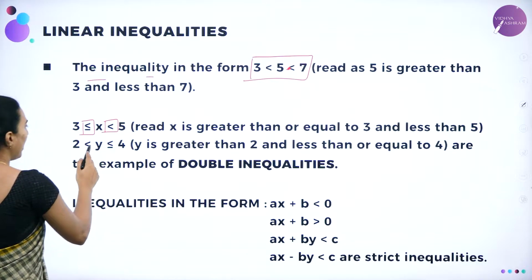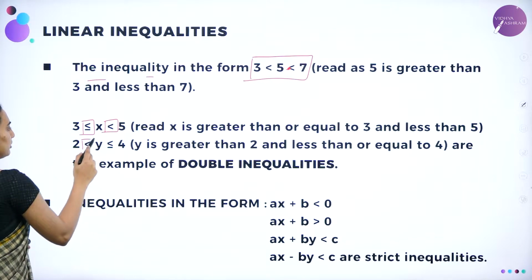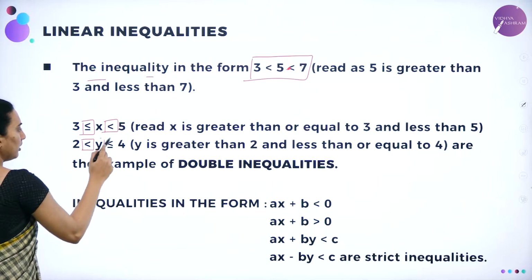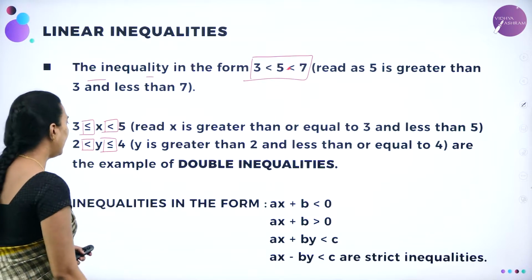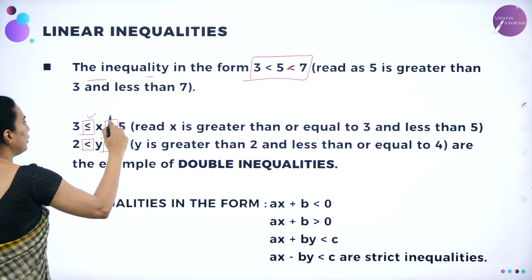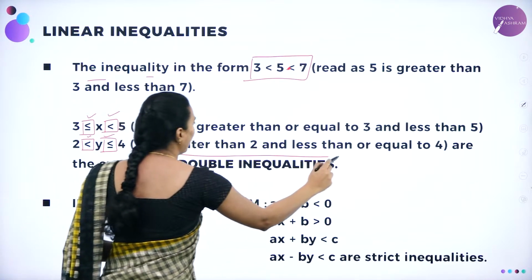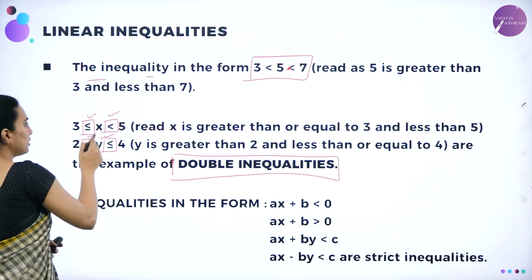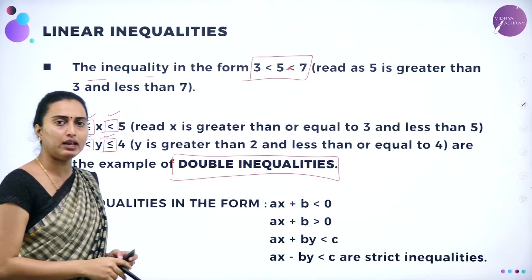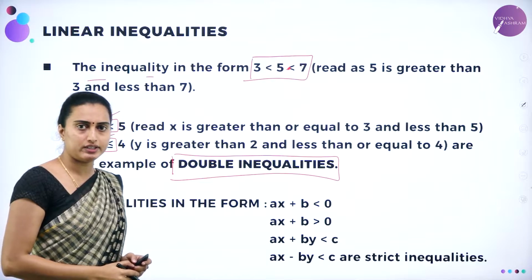And here y is greater than 2 and y is lesser than or equal to 4. Like that we are going to use the inequalities, which is going to be known as double inequalities, because you are going to use two inequalities. So that only we name it double inequalities.